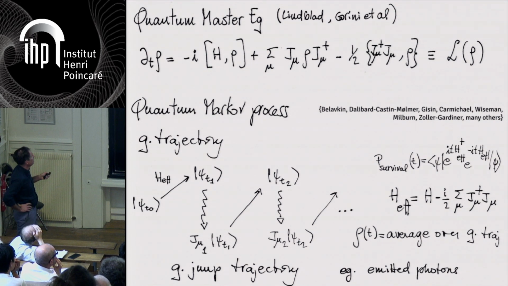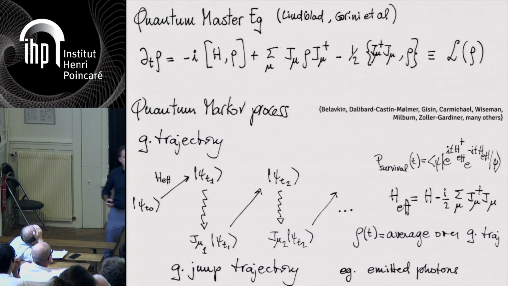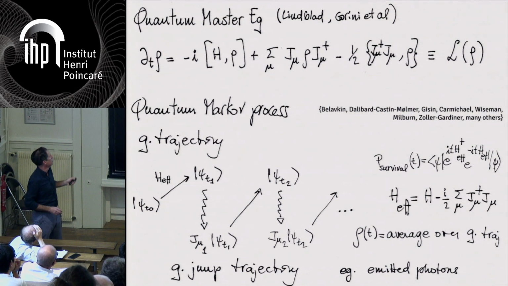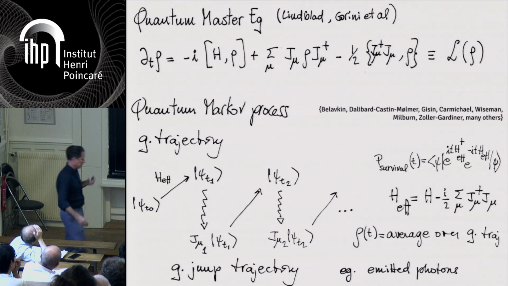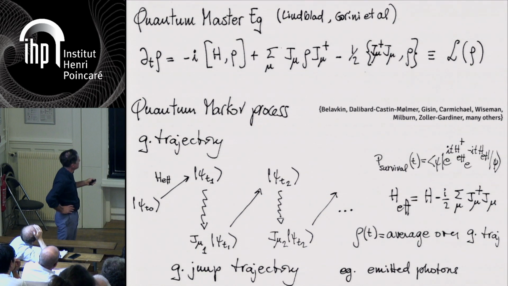The average state is the average of this fluctuating state over infinitely many trajectories. Okay? So just like in classical stochastic processes, there is deterministic evolution of the average state and stochastic evolution of the fluctuating state. And associated to these quantum trajectories, there is something I'm going to call, or some people call, quantum jump trajectories, which is a classical trajectory of emissions.